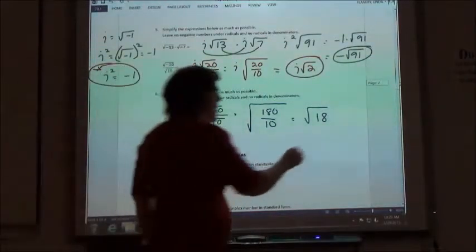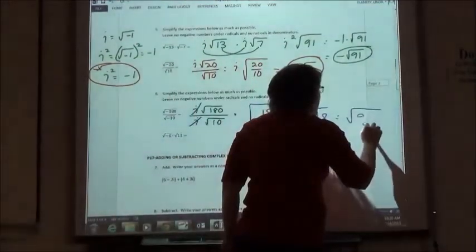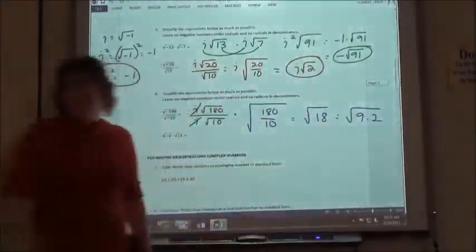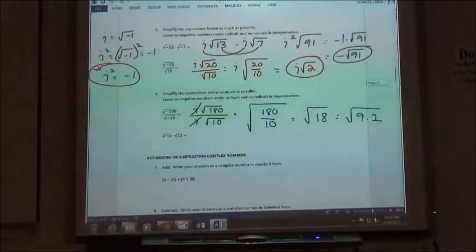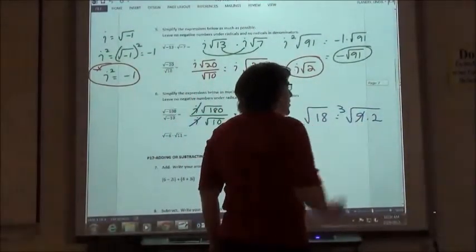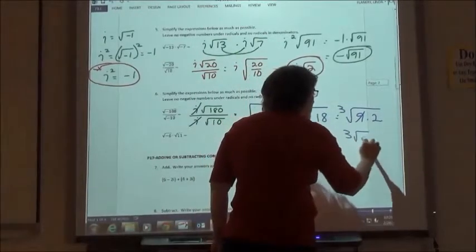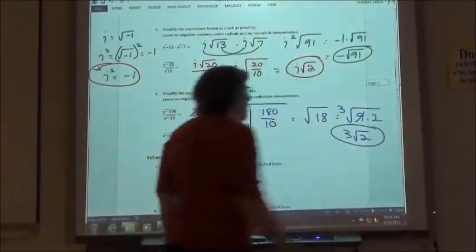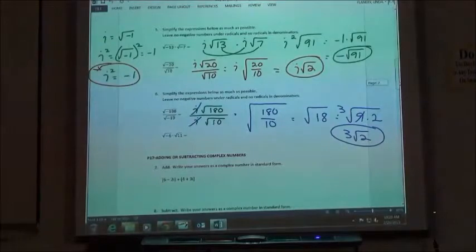I'm going to write it as 9 times 2 because I like my perfect square first. And then what can we do with the square root of 9? Square root of 9 is 3. So we put the 3 out in front and we get 3 square root of 2. Now we've got it simplified as much as we can simplify it.